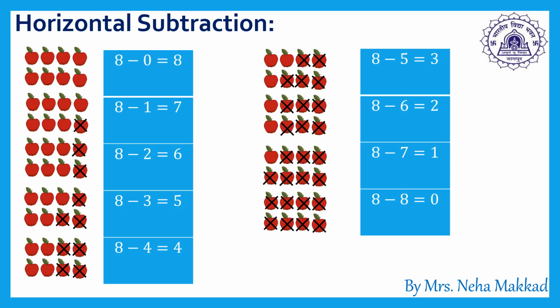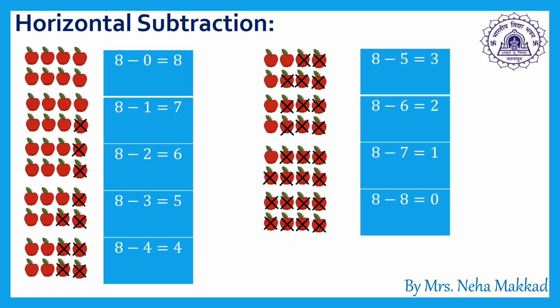Now children, we will see how we carry out horizontal subtraction with the given examples. Just now we have learned how to minus 0 from a given number. So when we deduct or minus no apple from the given apples, the answer what we obtain is 8. 8 minus 0 is equal to 8.